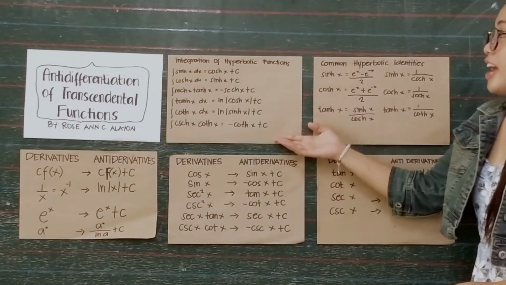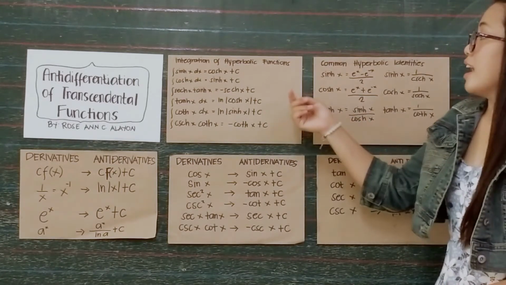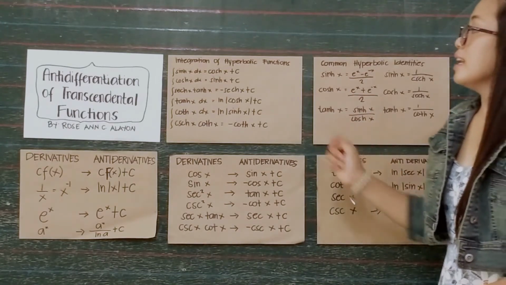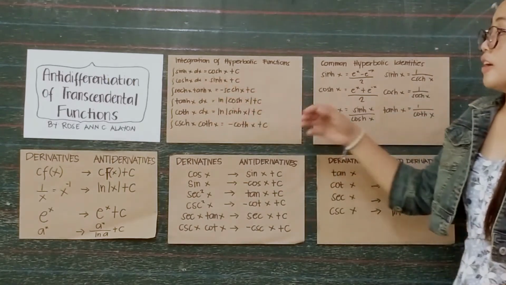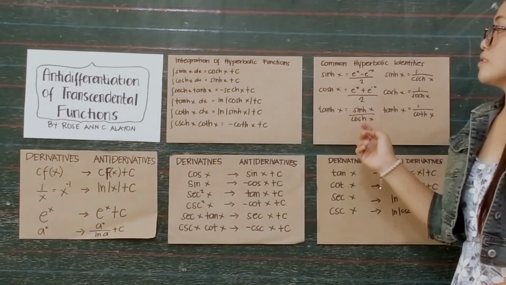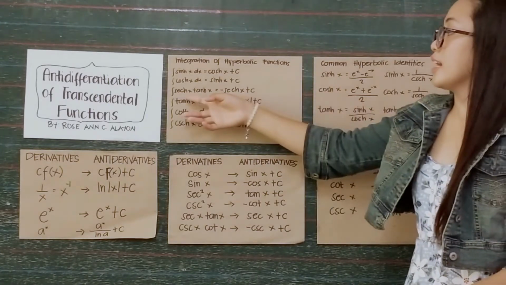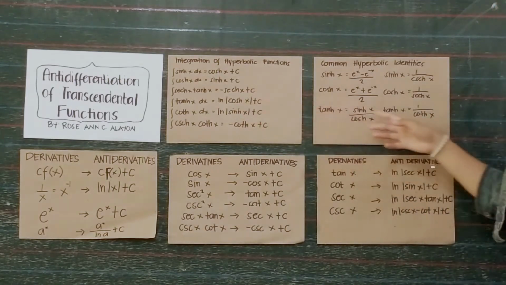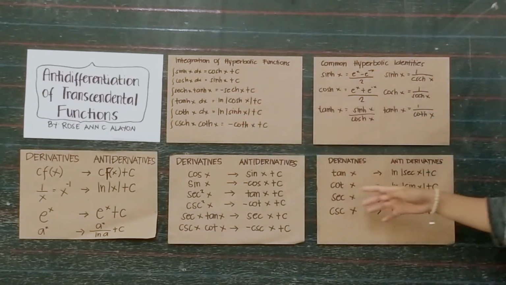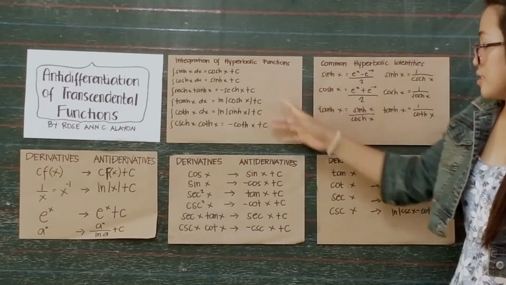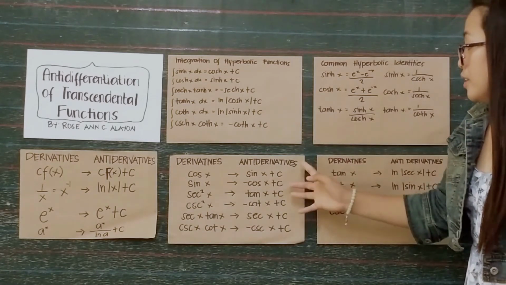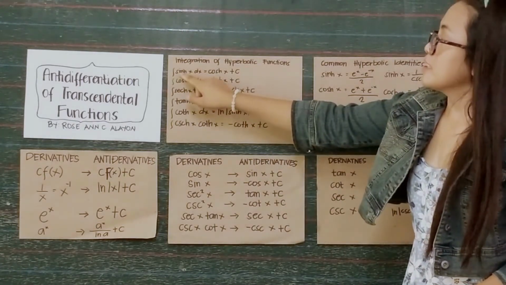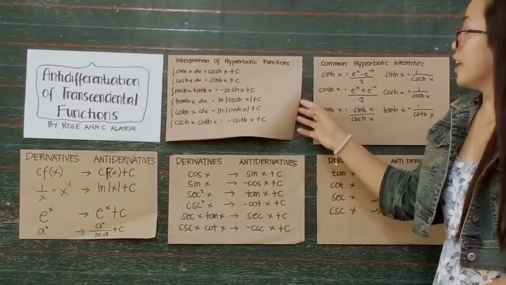So here we have the integration of hyperbolic functions, which is the antiderivative of hyperbolic sin x dx is equal to hyperbolic cos x plus c, and the antiderivative of hyperbolic cos x dx is equal to hyperbolic sin x plus c. These are similar to the antiderivatives above, but you can see that there is a hyperbolic sign, which is the symbol h at the end of our trigonometric identities.